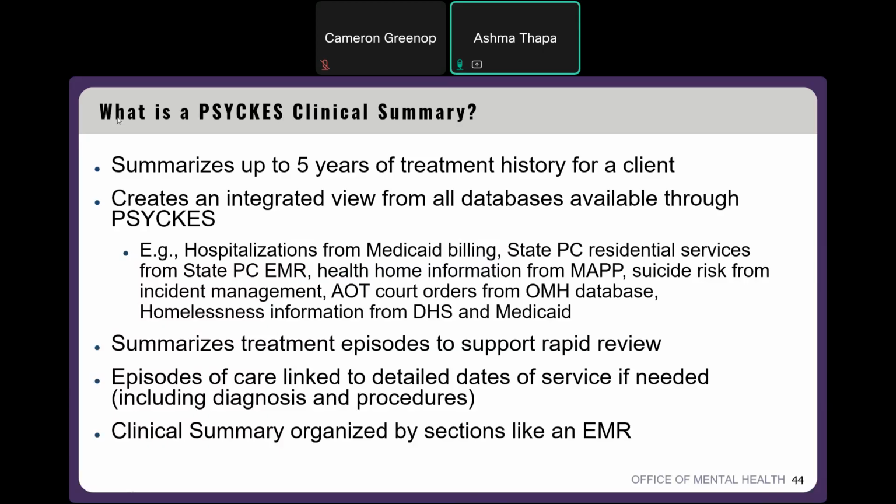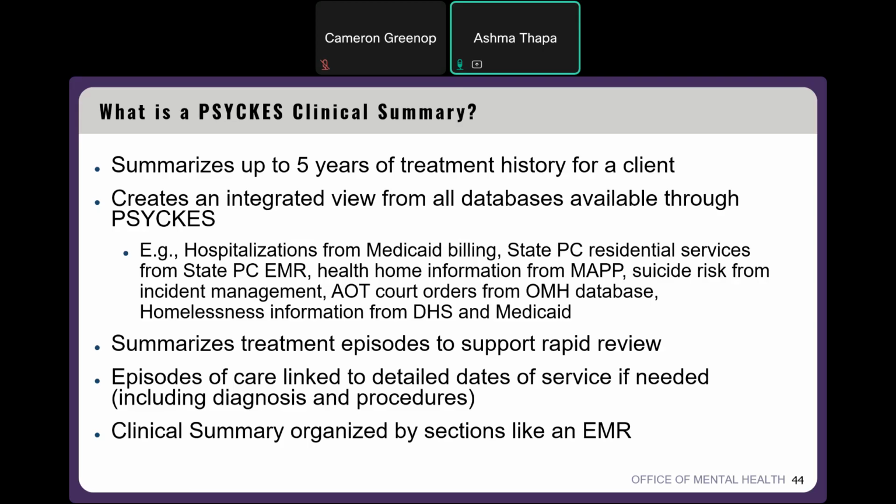In this clinical summary, you can also drill into each episode based on date of services, and I can show you how that looks shortly. Because we have so much information being fed into the PSYCKES application, the way that our clinical summary is organized is like an EMR, so it's easier to follow through, and we have dedicated sections of information.